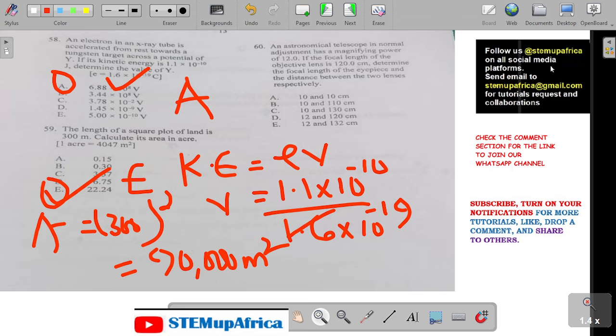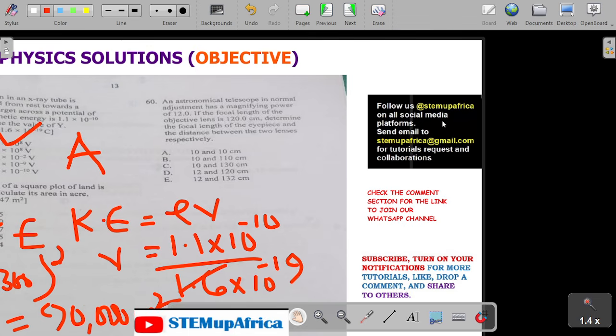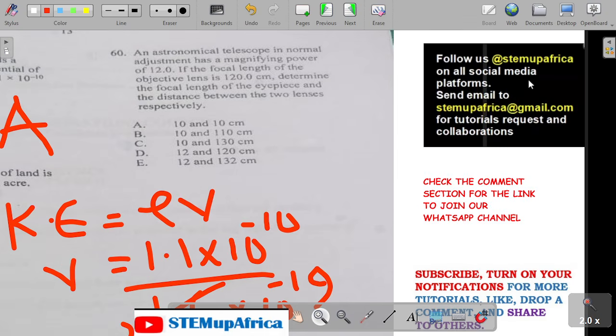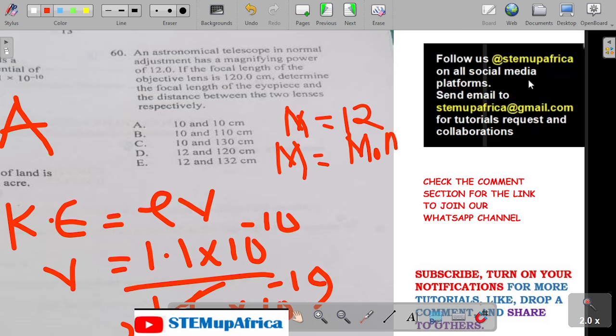So let's see what 60 has for us. It's an astronomical telescope in normal adjustment with a magnifying power of this. So my M is 12. It said if the focal length of the objective is 120, determine the focal length of the eyepiece. So we have M equals FO over FE.